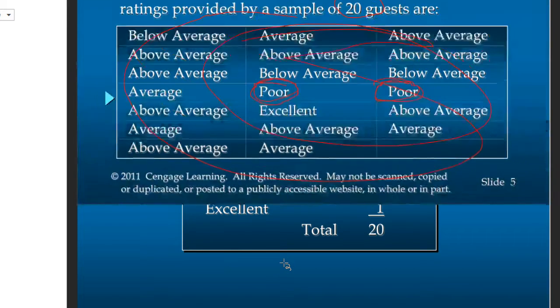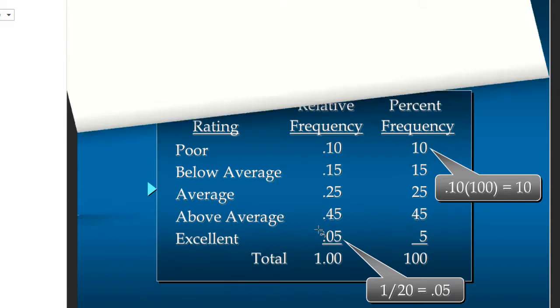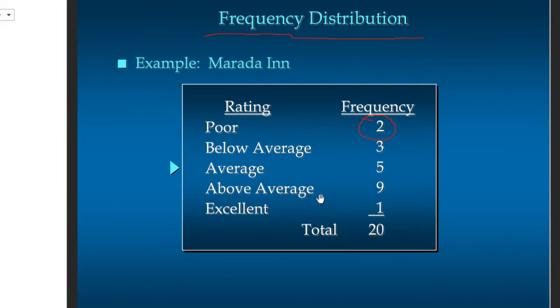Now going back to the original, how many said, for example, excellent? Looking at this, only one of them said it's excellent, right? It's kind of tricky. So going back to here, that must be just one.